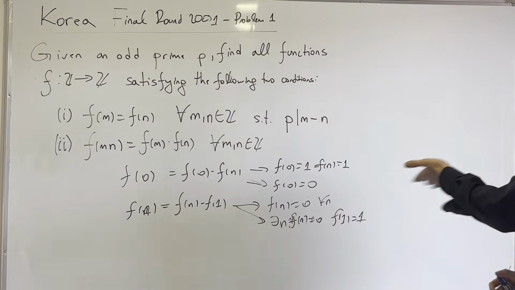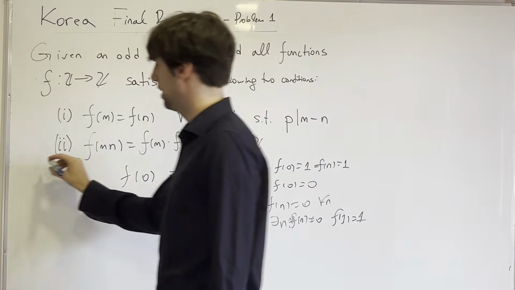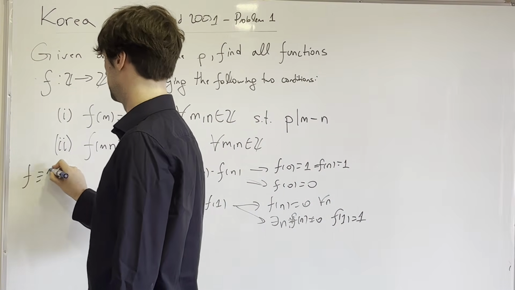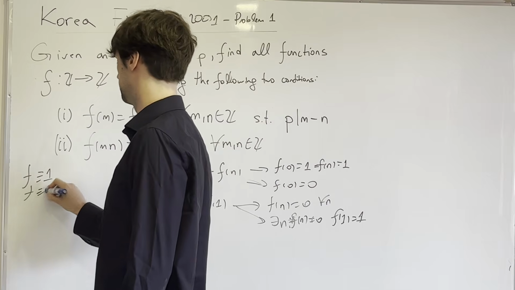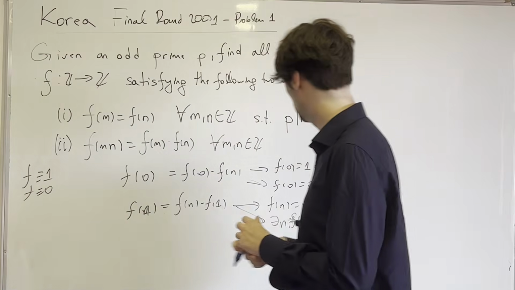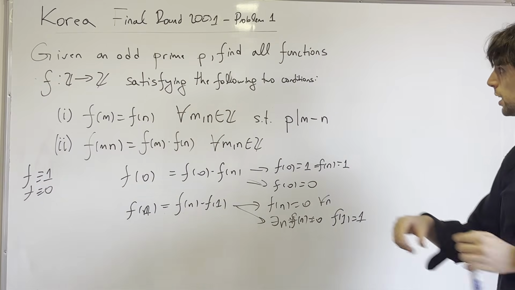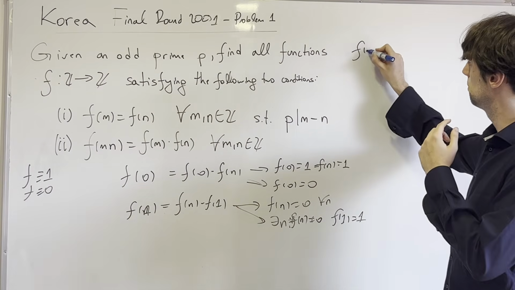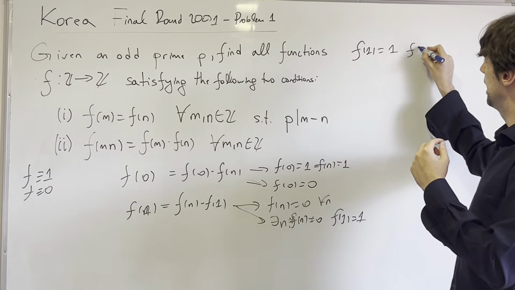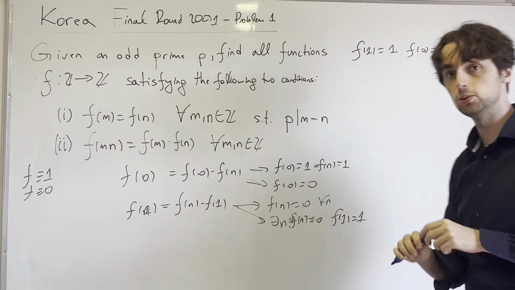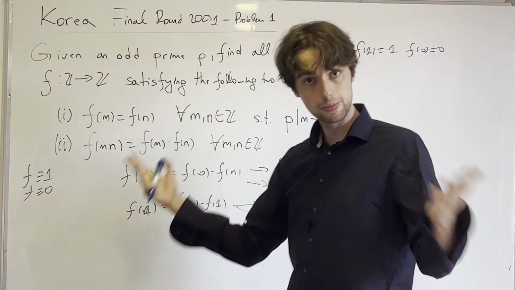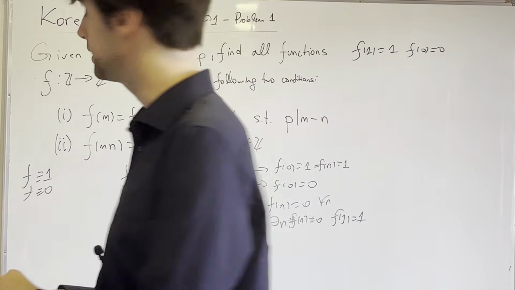So we already have a couple of solutions: f is identically 1, and f is identically 0. Those are our first two solutions. And in all these other solutions, we're going to have that f of 1 is equal to 1, and f of 0 is equal to 0.